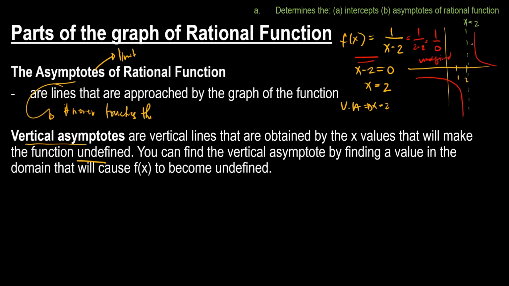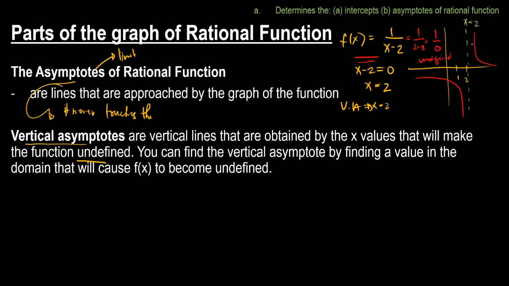The idea here is that asymptotes are the lines that the graph of the function approaches but never touches. The graph only goes near them, class, but it will never touch the asymptote, because once our graph passes through the asymptotes, it will make our function undefined.